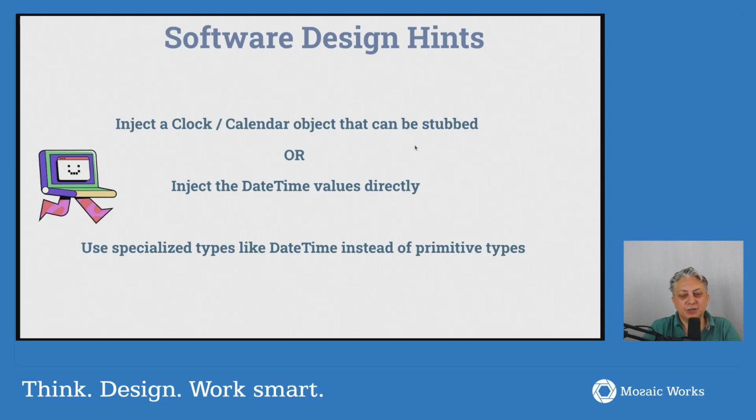One option is to inject a clock or calendar object that you can stub. So what this would mean is that you'd have something like an IClock, which is an interface, right? And it would implement a single method, current time, returning the current time in some kind of specialized type. We'll talk about this in a minute.